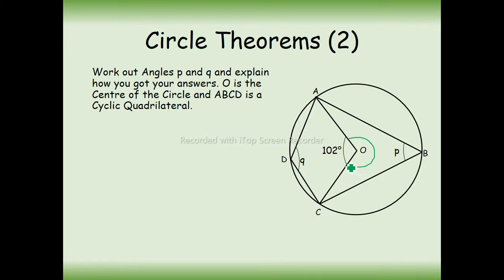The reason being is that basically the angle at the circumference is always half of the angle at the center. Yes, there's an easier way to get P. If you know what Q is, you know that opposite angles in a cyclic quadrilateral add up to 180.